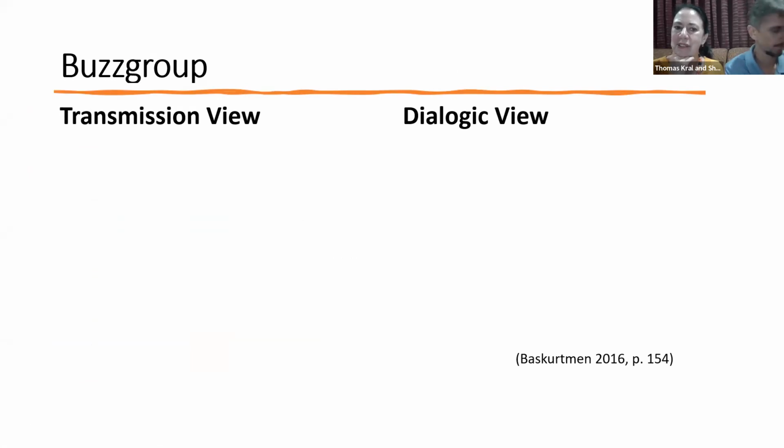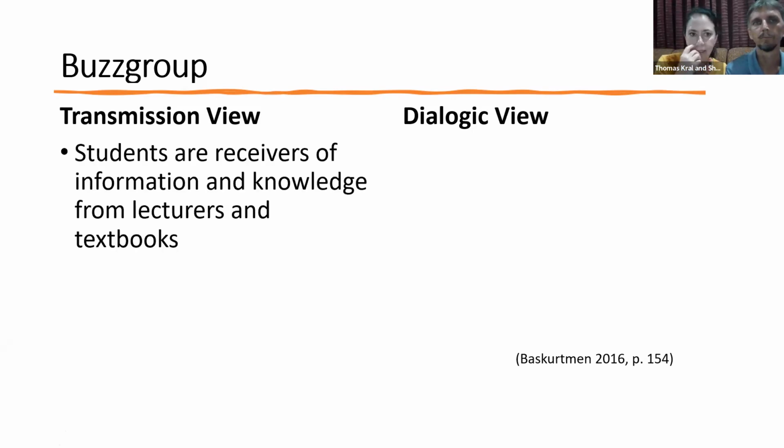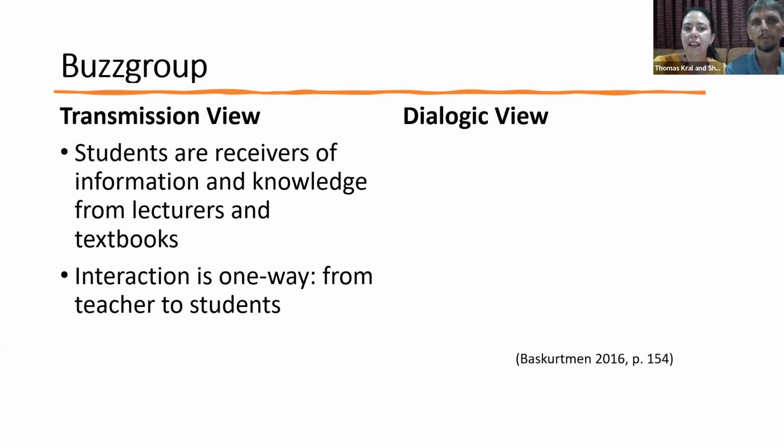That's absolutely true. Okay. So, this is the buzz group method of lecturing. Just to summarize what was said: in the transmission view, students are receivers of information and knowledge from lectures and textbooks. Interaction is one way, from teacher to students.